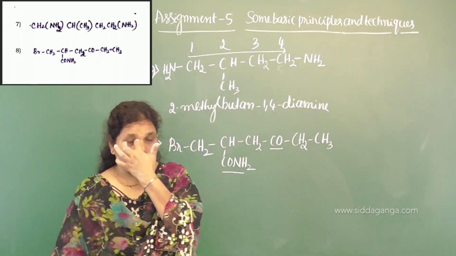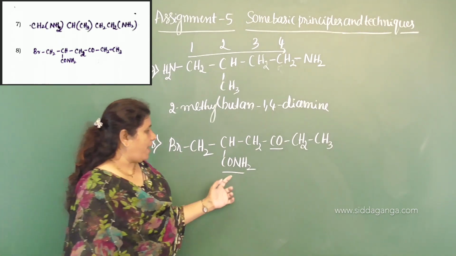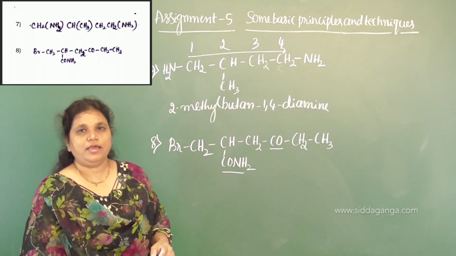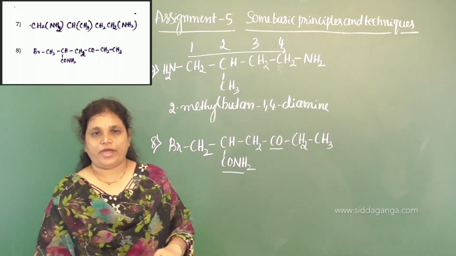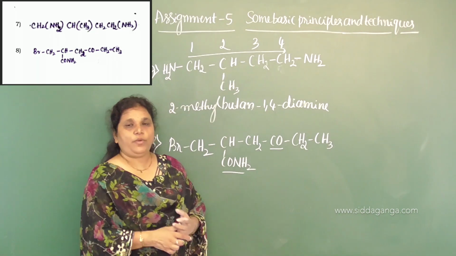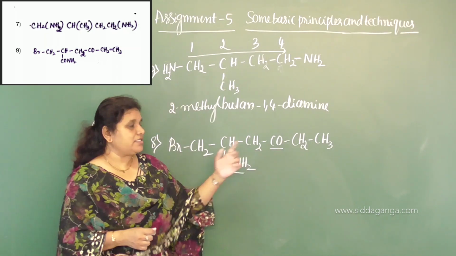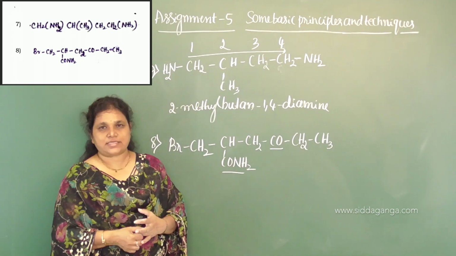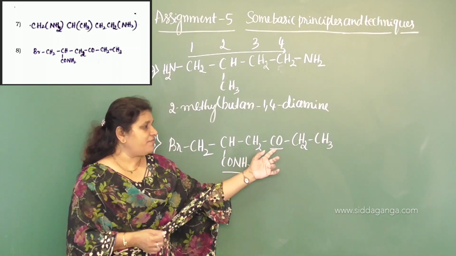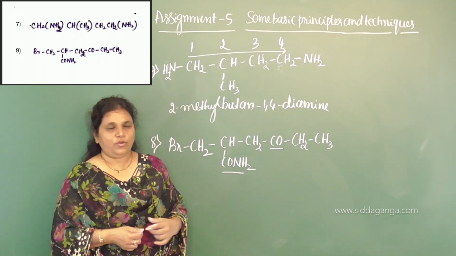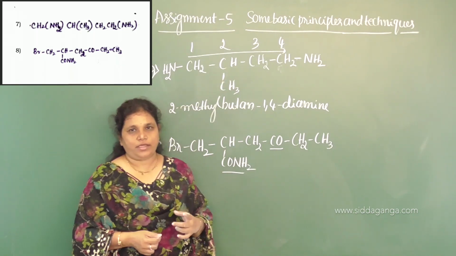Preference goes to the amide functional group, acid amide. Then you need to treat CO as a substituent group. And what is the prefix when we consider a functional group as a substituent? That is the ketone group. Now it acts as a substituent. The prefix for that is oxo, or you can even write it as keto. You can write oxo or keto.